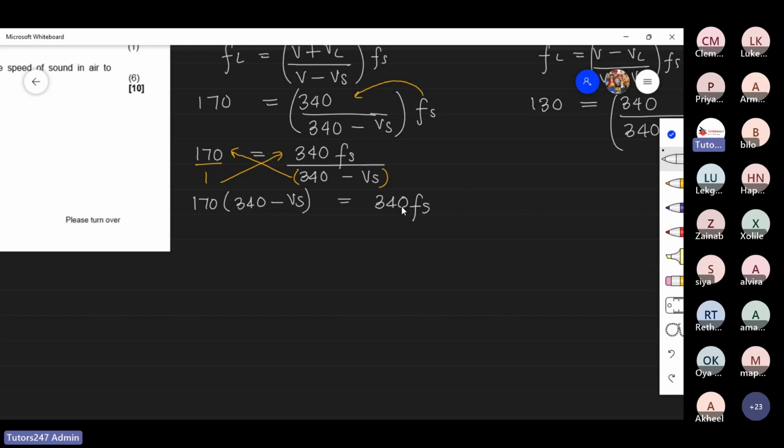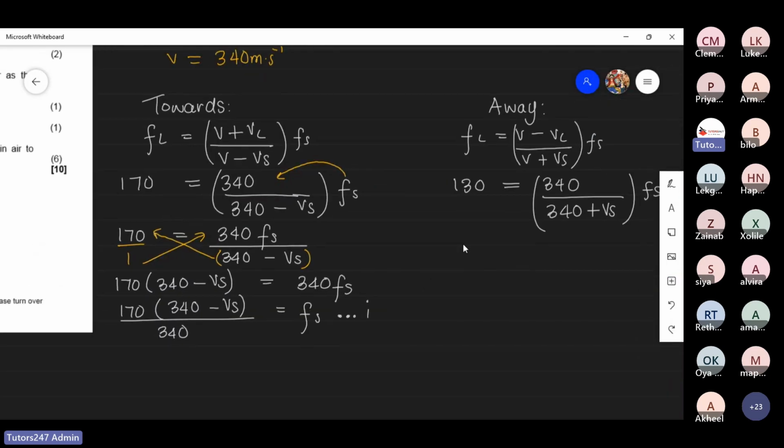From this point, I need to isolate Fs. I want to get rid of it. So I'm going to divide both sides by 340. That is then going to give me 170 into 340 minus Vs all over 340, which is now equal to Fs. This is now my first equation, my equation 1.